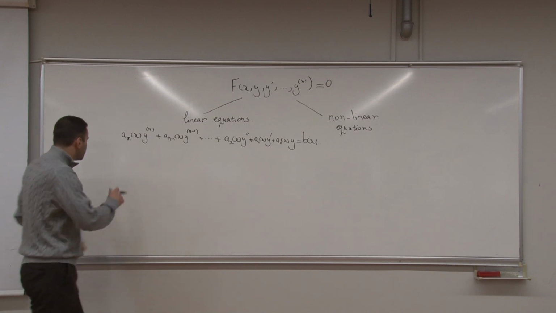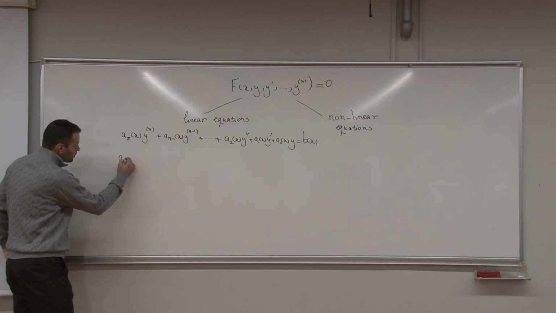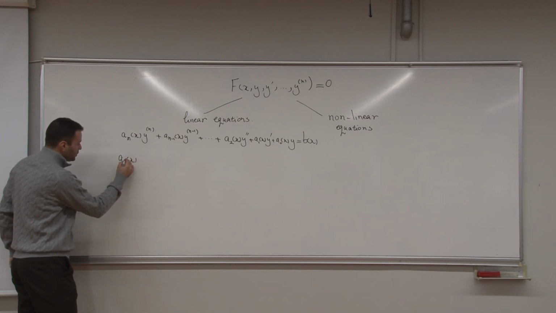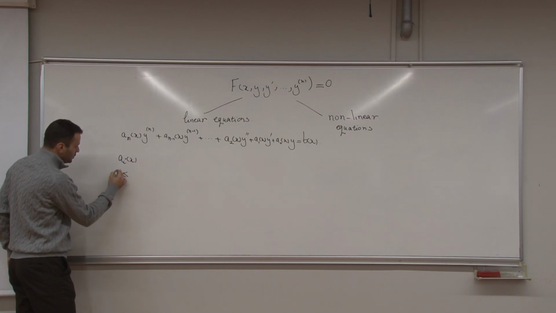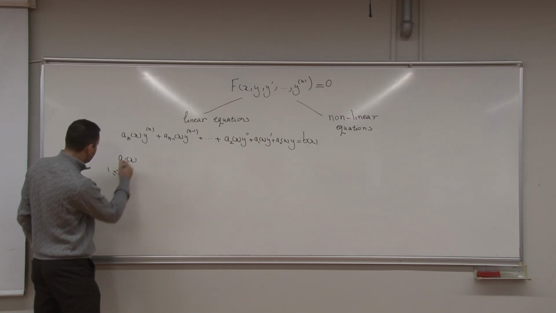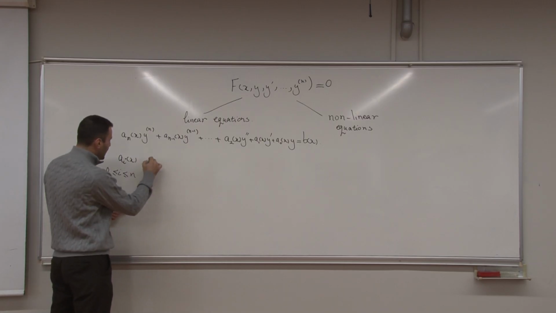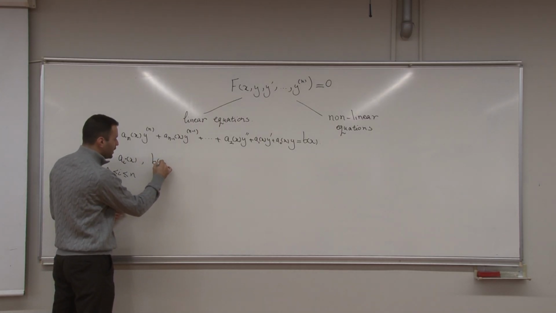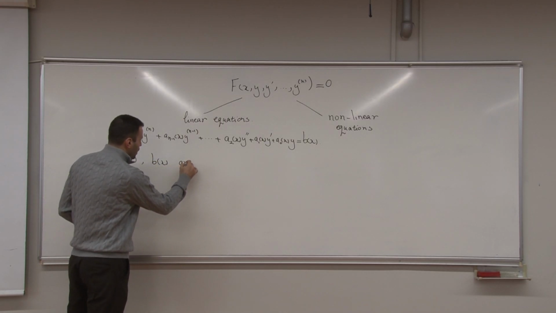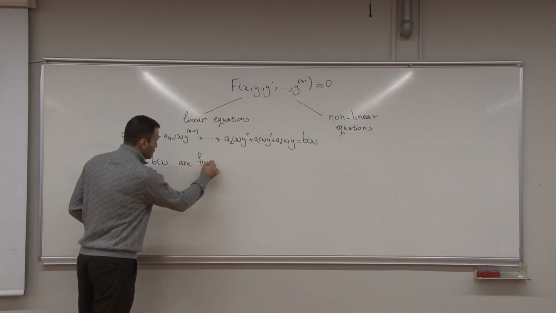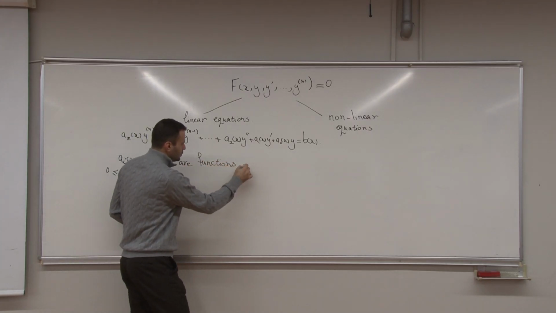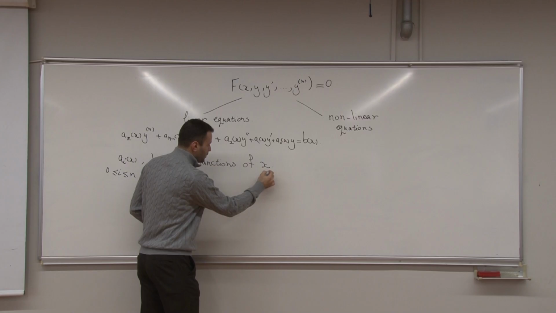What is the meaning of this? All of these coefficients a_i for i from 0 up to n, and p of x, are functions of x.